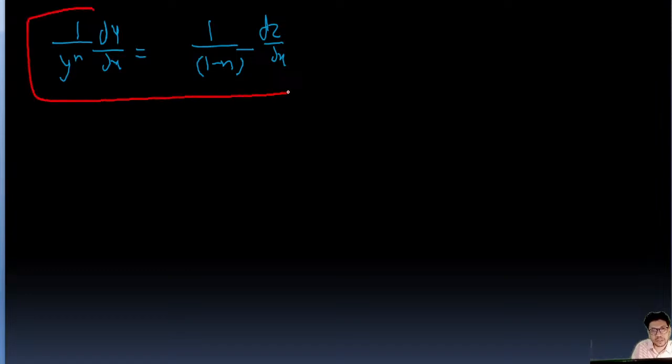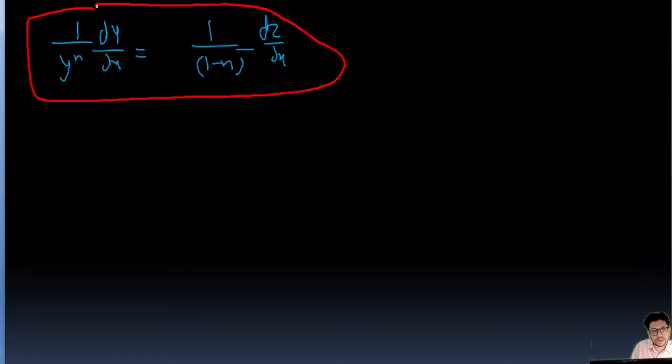So we can write it like this: 1 upon y to the power n dy over dx, this value is going to be 1 upon 1 minus n dz upon dx. Very important. This you need to memorize and note down.